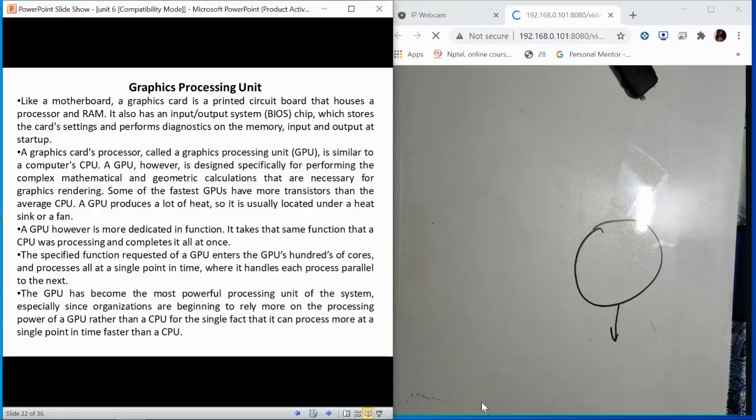No problem. But if you write dual core or Core 2 Duo, that is definitely wrong. If someone asks you about the latest processor, your answer might be near to that, but it can't be dual core, Core 2 Duo, or i3 first or second gen. That is not a sufficient answer. It should be related to the current one: if 10th generation is going on, you should write about the 10th generation. Okay, now let us talk about the graphical processing unit.